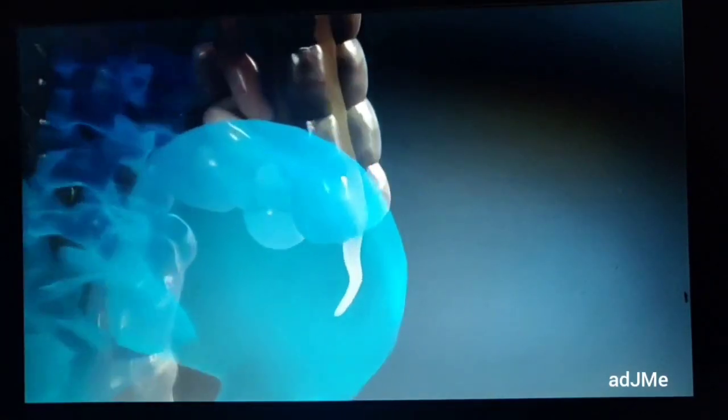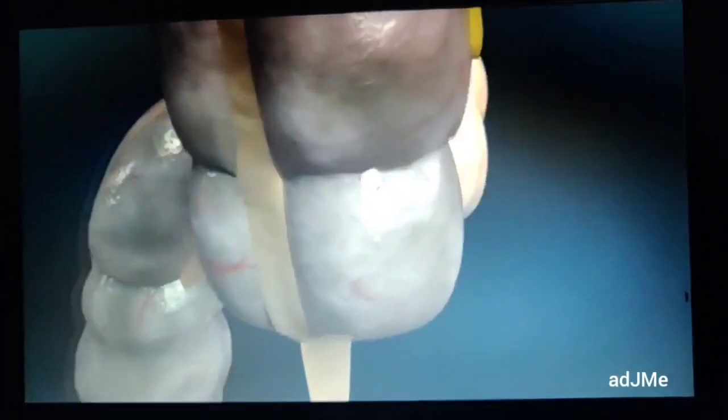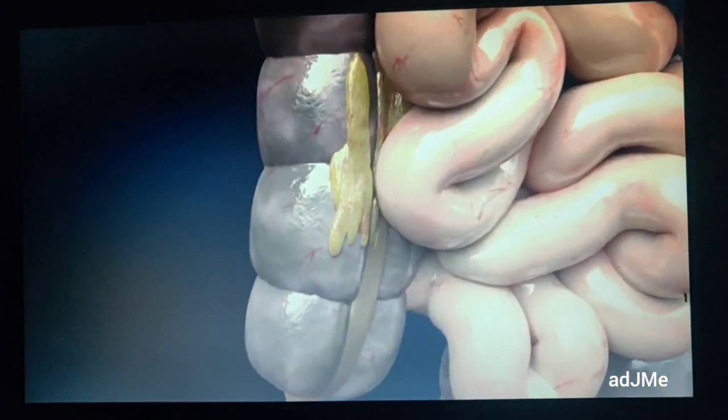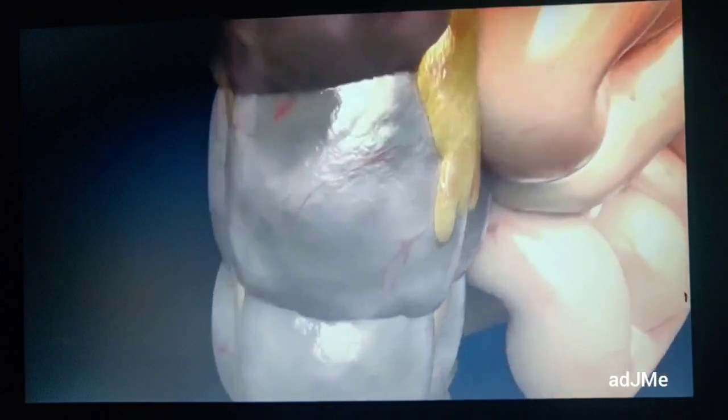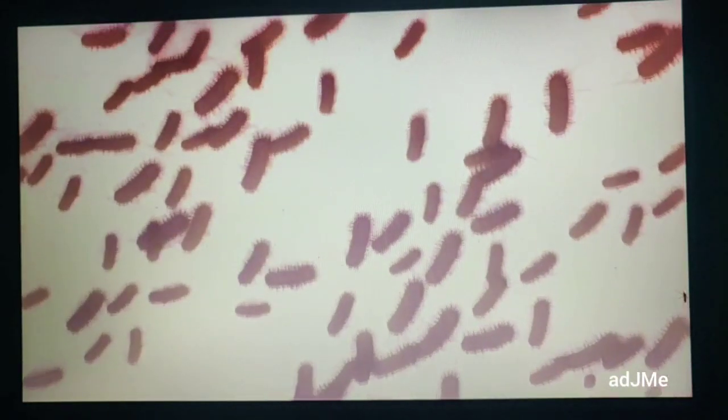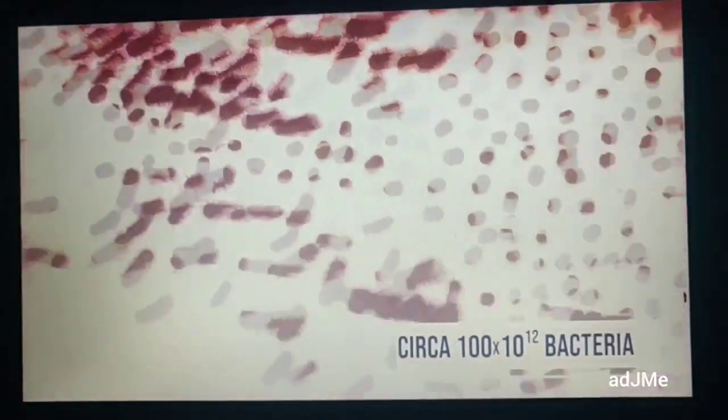Now the food enters into large intestine. So this large intestine is about 1.5 meters long, and this large intestine is involved in the absorption of water. So excess water is absorbed in the large intestine.